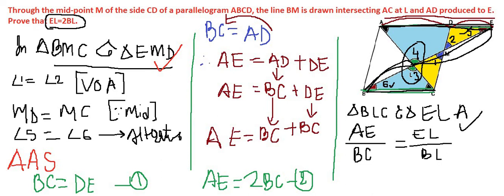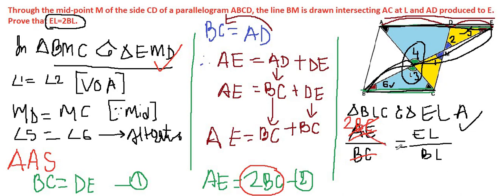Got it? And now from equation 2 we can replace AE by 2BC. If we replace AE by 2BC, this BC will cancel out, and there is only the 2 remaining.